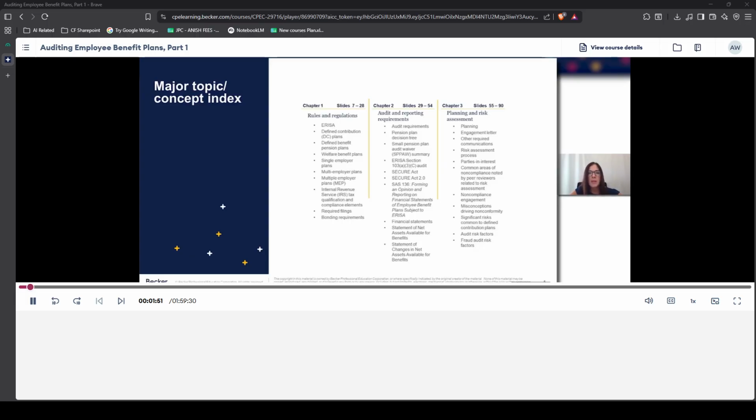Starting here with Chapter 1, that's going to include all of your rules and regulations with your employee benefit plans. We're going to differentiate between our defined contribution and defined benefit plans. Then we'll mention and introduce the welfare benefit plans as well, the other different types of plans that you may encounter.